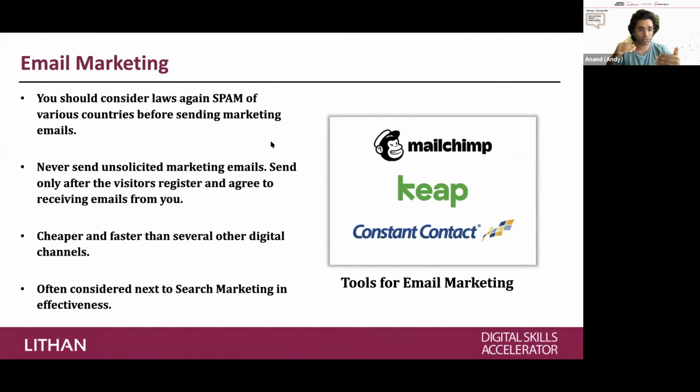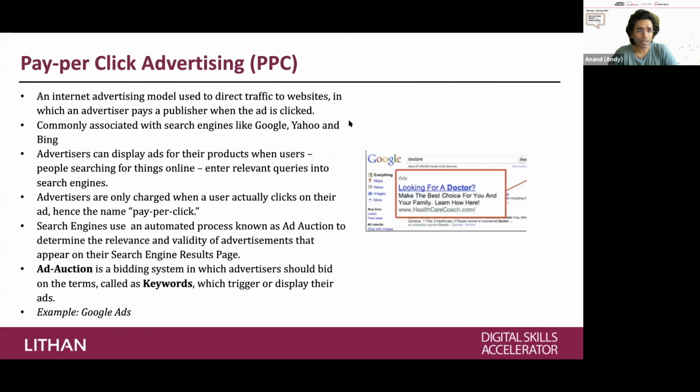You can create a sequence of, let's say, 5, 10, 15 emails, whatever you want, and you can load it on these platforms, and these platforms will automatically send out the emails as soon as you have a subscriber. So this again is not the exhaustive list, but these are some of the popular autoresponders.